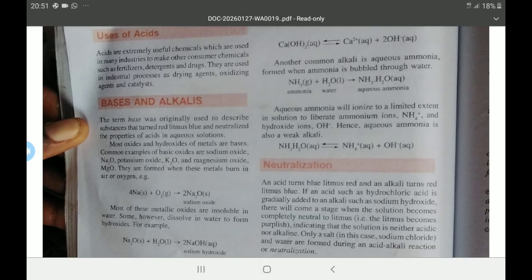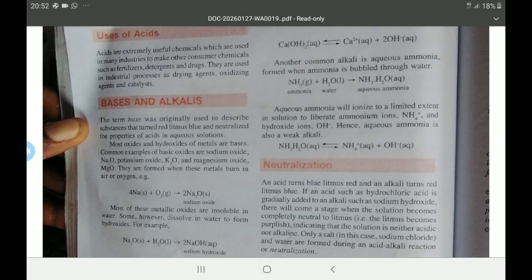They are formed when these metals burn in air or oxygen. For example, when there's a combination of sodium plus oxygen, it produces sodium oxide.